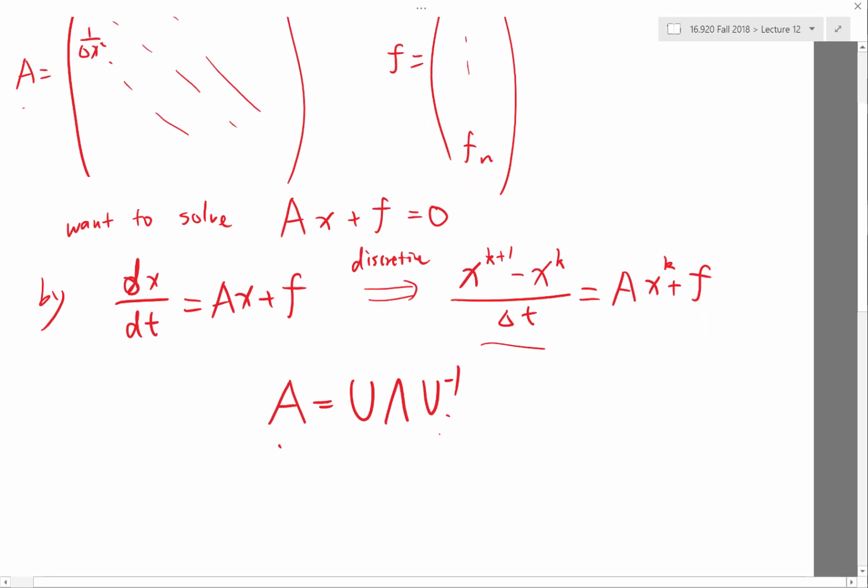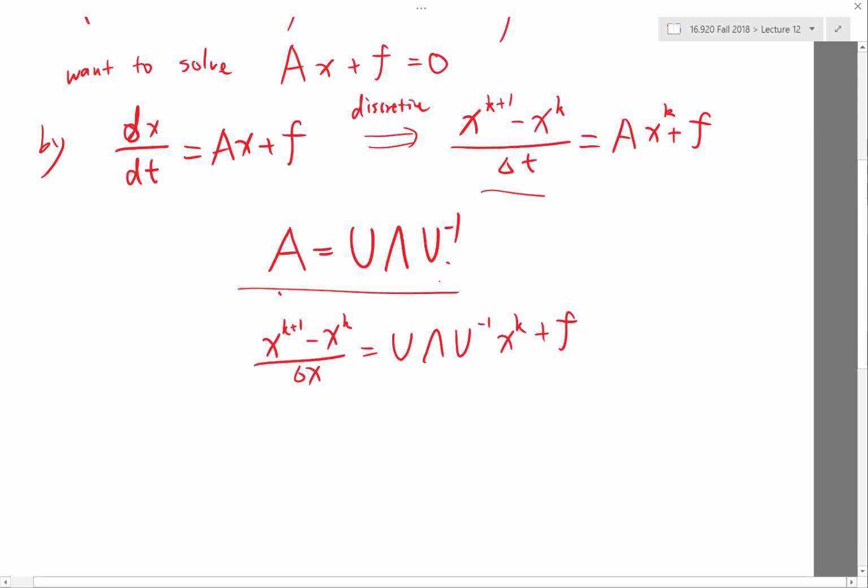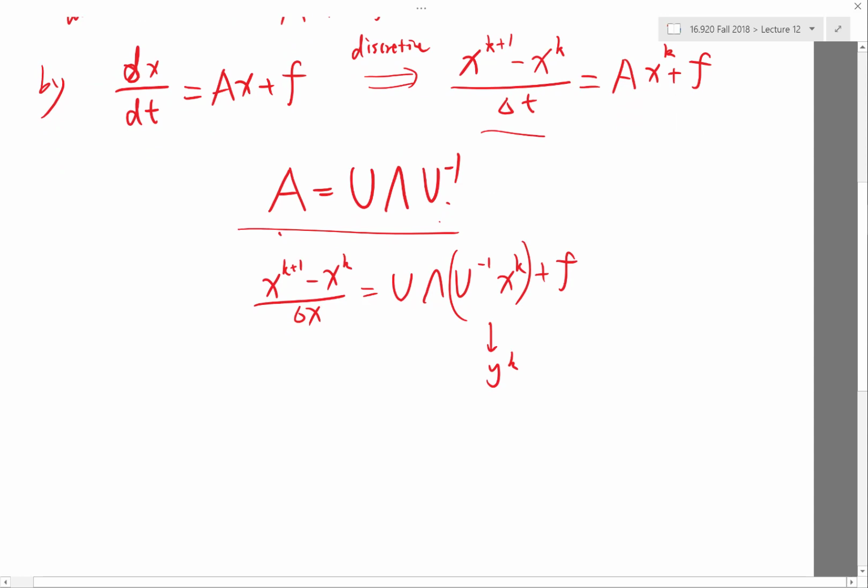So now if I apply that decomposition over here, I get x of k plus 1 minus xk divided by delta t equal to U lambda U inverse times xk plus f. And then there is an opportunity to multiply both sides by U inverse, right? I can denote U inverse xk as yk, and U inverse x of k plus 1 as y of k plus 1.